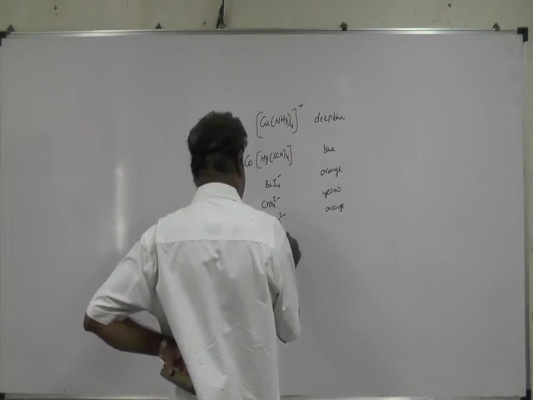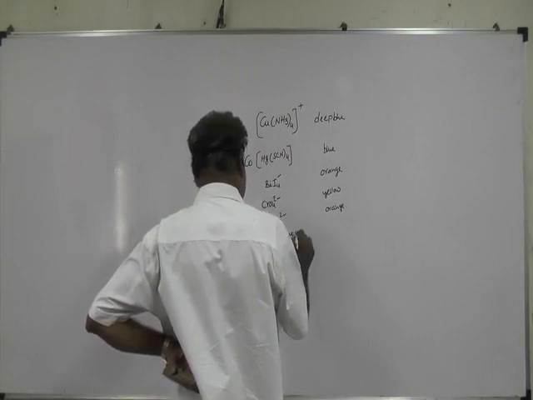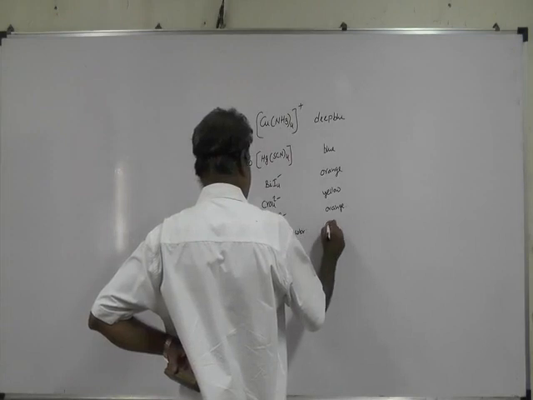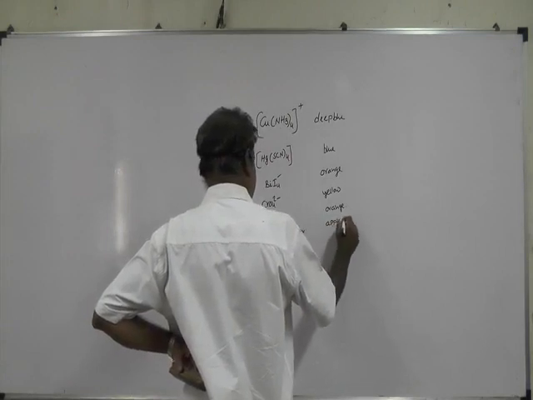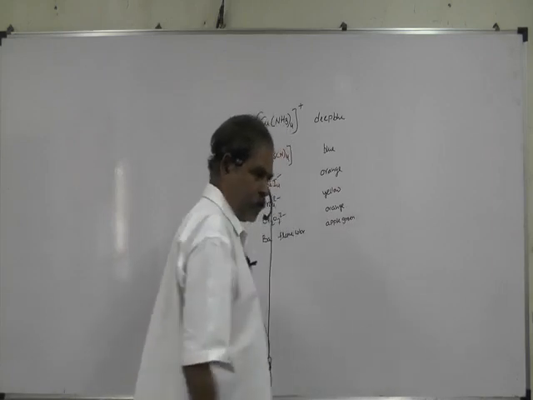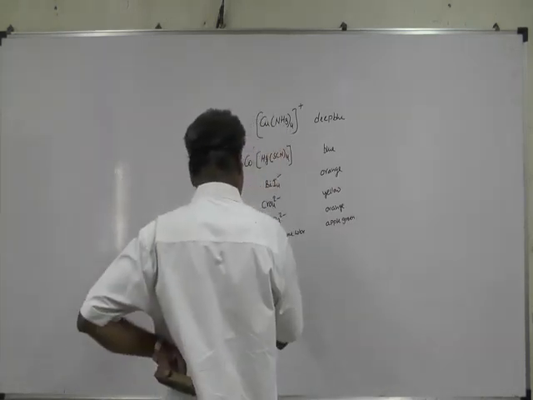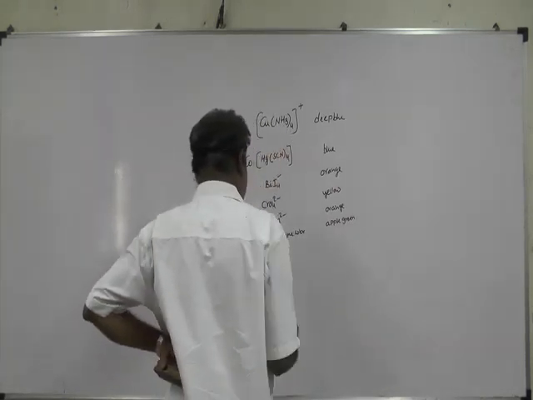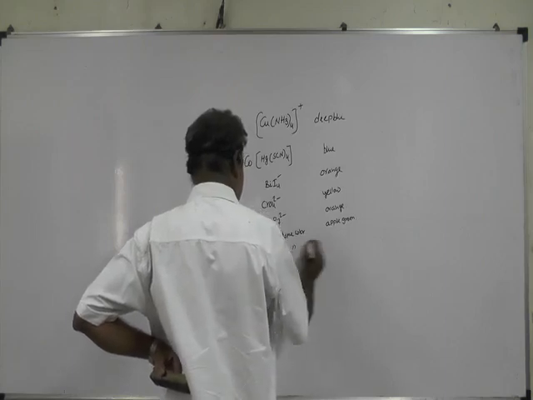Barium flame color, apple green. One or two flame colors you better remember, just one or two. We should not be totally ignorant. Sodium flame color, golden yellow.